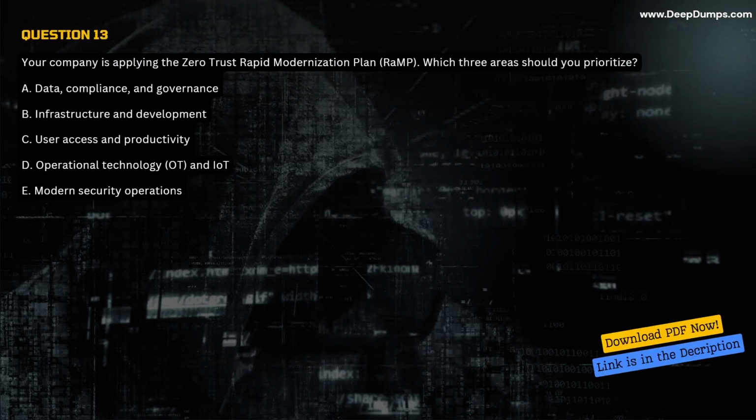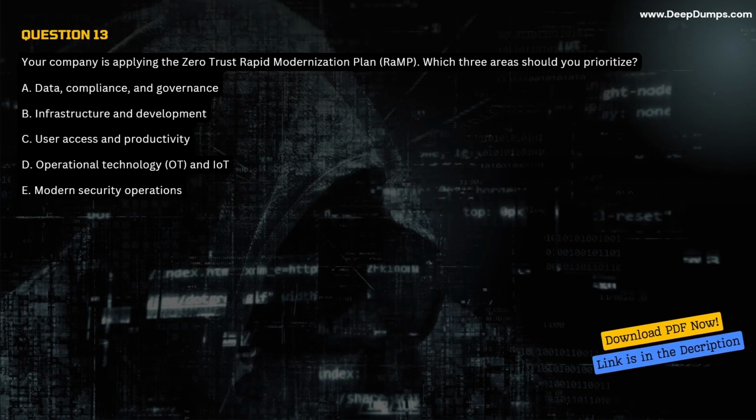Question 13. Your company is applying the Zero Trust Rapid Modernization Plan, RAMP. Which three areas should you prioritize? A. Data, compliance, and governance. B. Infrastructure and development. C. User access and productivity. D. Operational technology, OT and IoT.